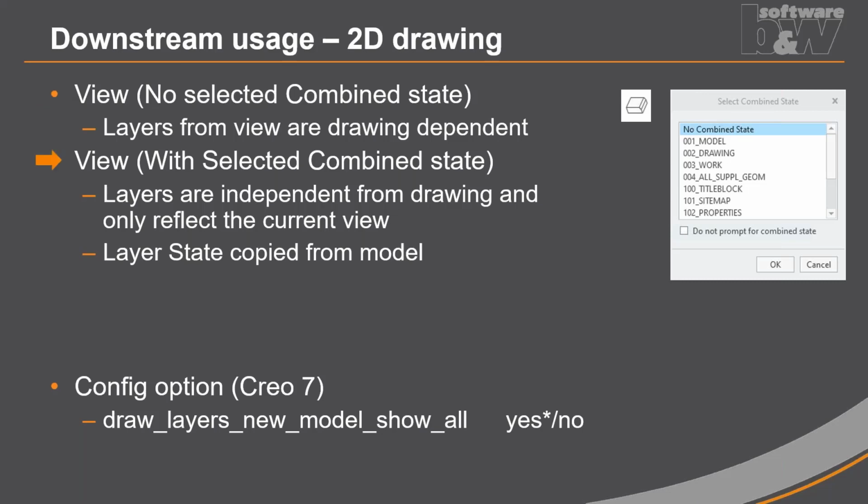If you create a view with a selected combined state, the layers that you have later on are independent from the drawing and only reflect the current view. The advantage is the layer state is copied from the model, and you initially don't have to worry about it anymore. So you get the correct visibility. Another config option here, just information, dealing with new layers and models, came up with Creo 7.